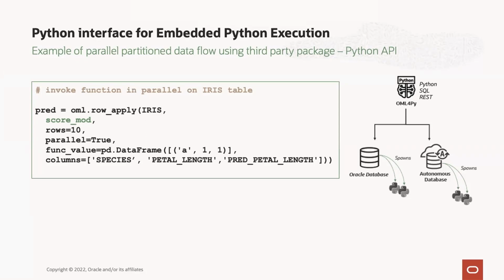This is simply a test example. And of course, for real-world use cases and scenarios, we'd likely want to process tens of thousands of rows at a time, depending on the model and data. We then go ahead and specify the return value as a data frame with the species and petal length columns, along with petal length predictions.